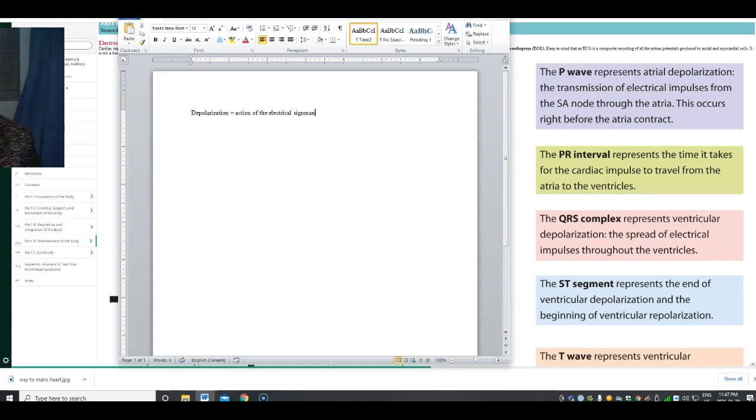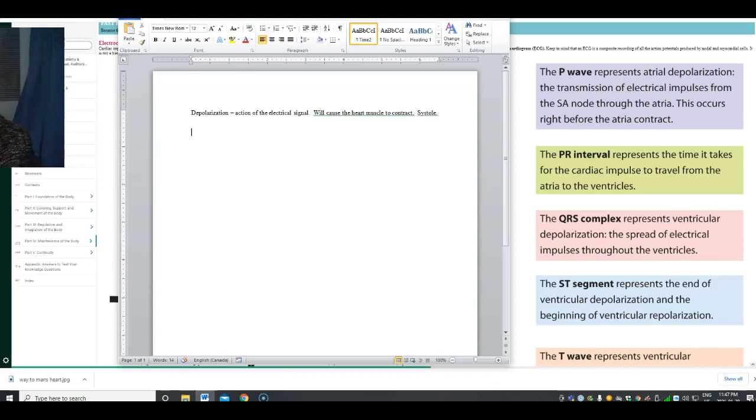And the action of the electrical signal will cause the heart muscle to contract. And the process of any contraction is called systole. Okay, lots of words and a lot of terminology. So depolarization is the electrical signal causing the muscle to contract, and that is systole.